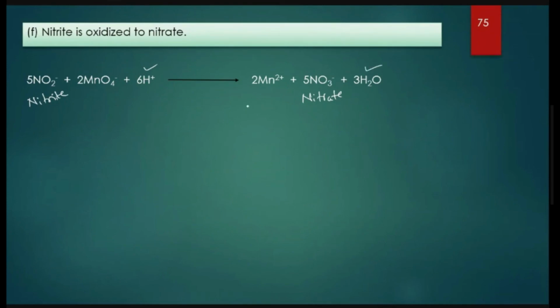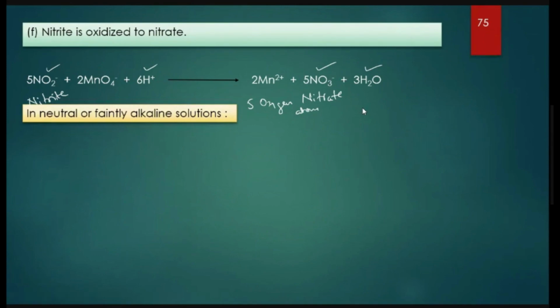Then we are left with again 5 oxygen atoms. All these 5 oxygen atoms will be added to the 5 nitrite ions. This leads to the formation of 5NO3-. That is, there is the oxidation of nitrite to nitrate. This can be achieved by using potassium permanganate, which is a well-known oxidizing agent.